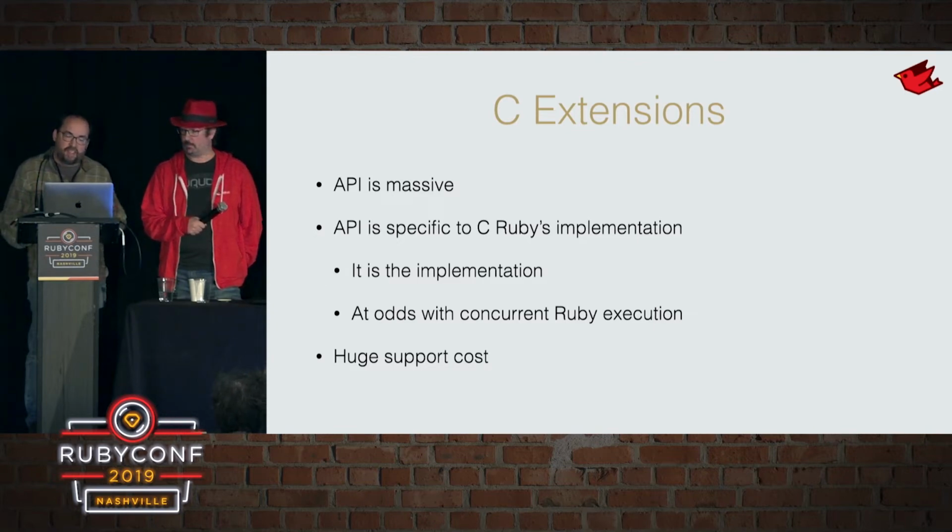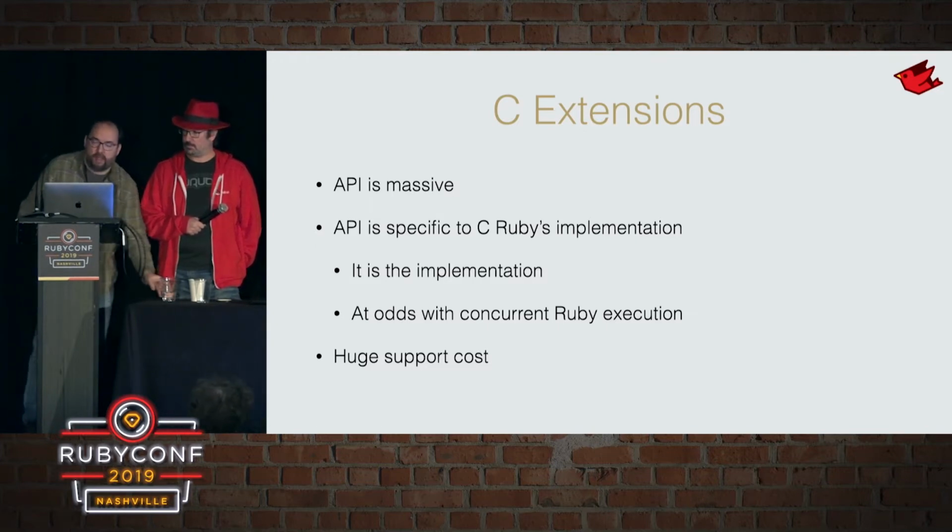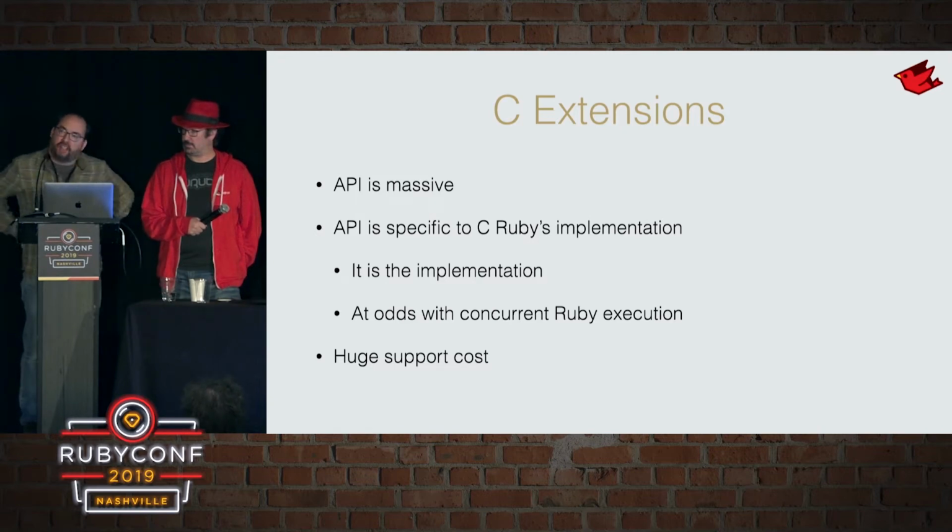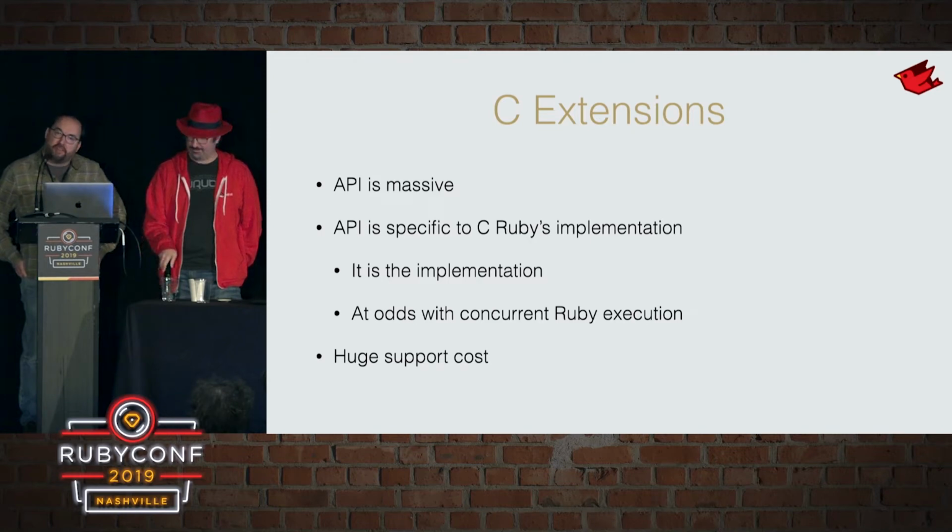On top of that, because Ruby can't concurrently execute code, the C extensions weren't written to be concurrent in the first place. So we ended up having to put a lock around any calls out to the C extensions, which then killed a significant reason for using JRuby.